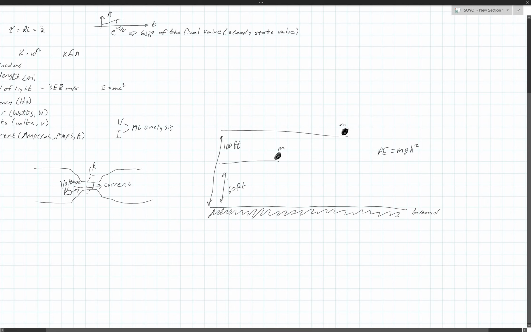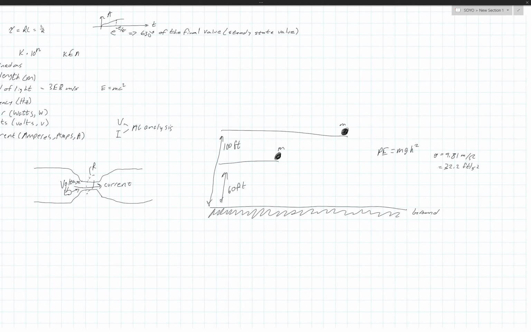Gravity is given by 9.81 meters per second squared, or 32.2 feet per second squared. The one at 100 feet has a higher potential energy than the one at 60 feet.